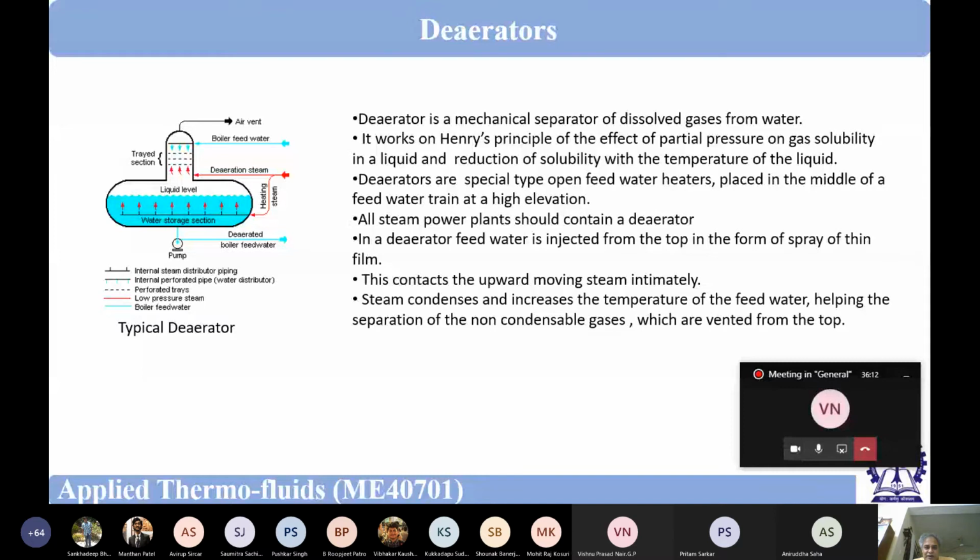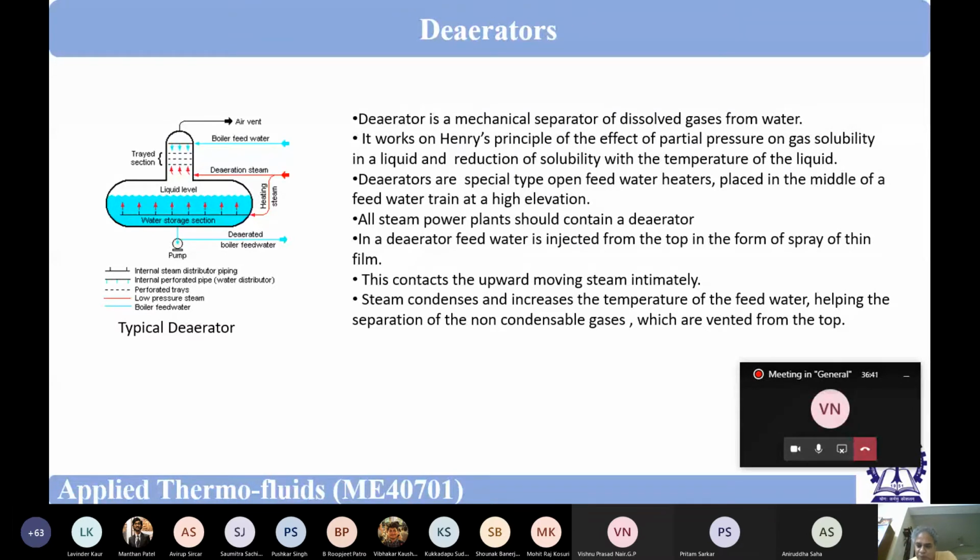The deaerator is a mechanical separator. It works on Henry's principle. What is Henry's principle? Give a search on the net, you will find it. It is something in thermodynamics, particularly in chemical thermodynamics. Henry's principle says that the solubility of a gas in a liquid depends on the partial pressure of the gas at the top of the liquid.